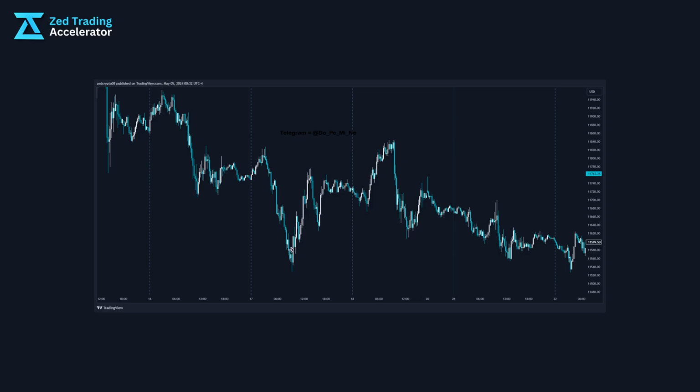But the only difference at the New York kill zone right here, we have a continuation lower. But in this case right here, we have a reversal at the New York kill zone. This one right here is continuation, and this one is a reversal.